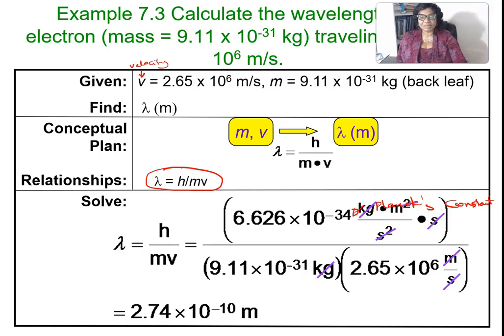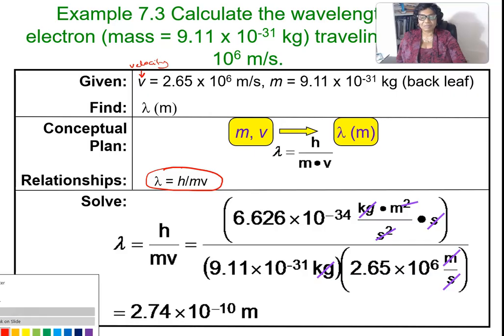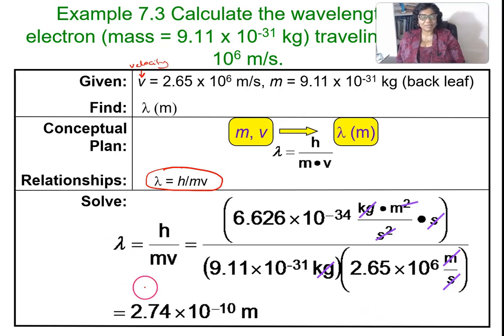So with that, the wavelength is 2.74 times 10 to the power of 10 meters.